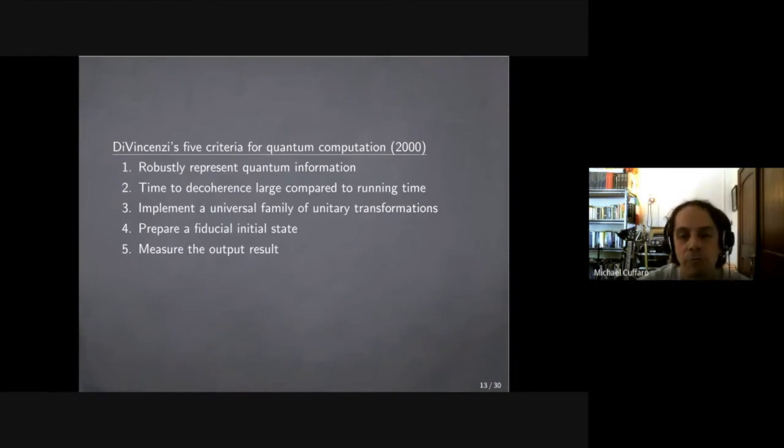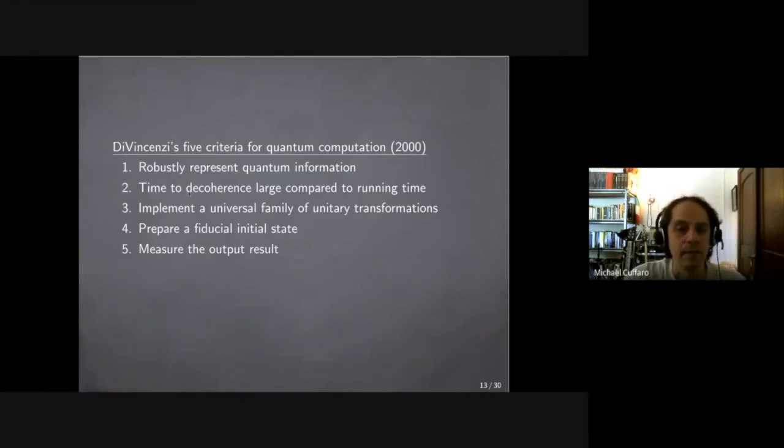And so, when a system is coherent in that way, it tends to decohere when it's introduced to noise from its environment. And so we need to be able to shield the computer effectively enough so that decoherence effects are minimal in comparison to the running time of the computer. Okay? So essentially, we want to be able to shield the computer from noise, which is what decoherence amounts to.